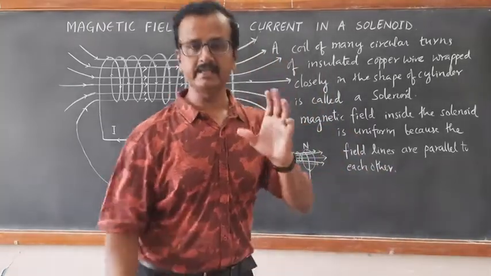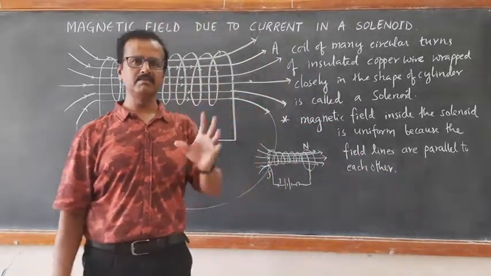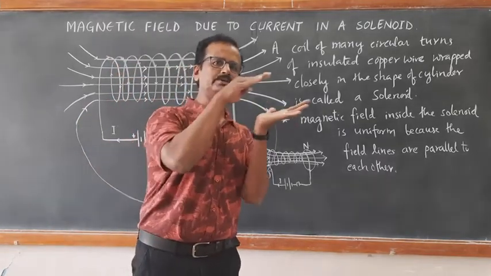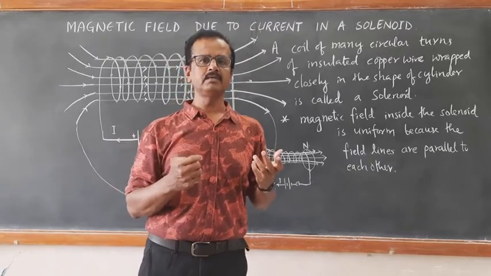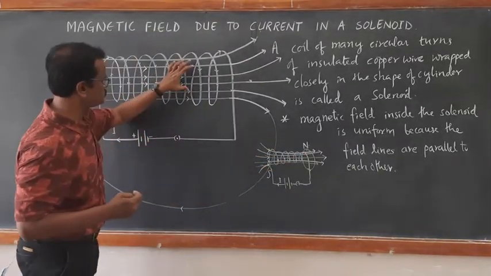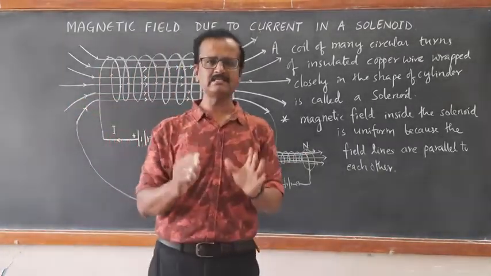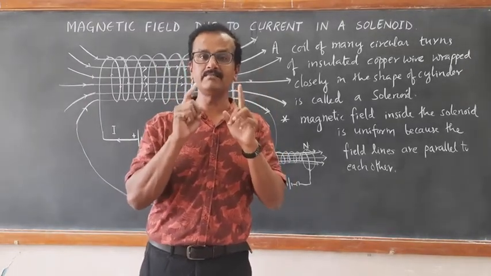Wherever you get parallel field lines, remember, when the field lines are parallel to each other, the magnetic field is uniform. What do you mean by uniform? Everywhere in this space, the magnetic field has the same value and the same direction.